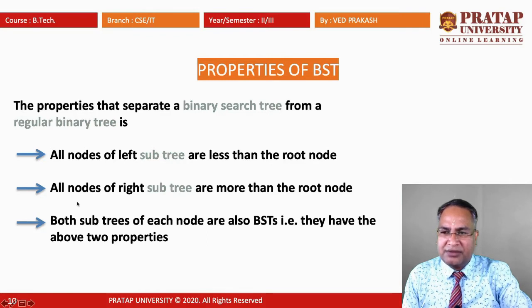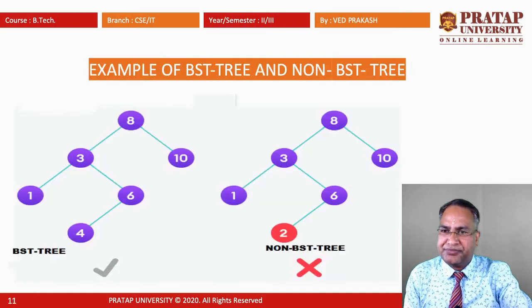Second point is that all nodes of the right subtree are more than the root node. It means in the right subtree the elements always have greater value than the root node. So both subtrees of each node are also binary search trees. They have the above two properties.